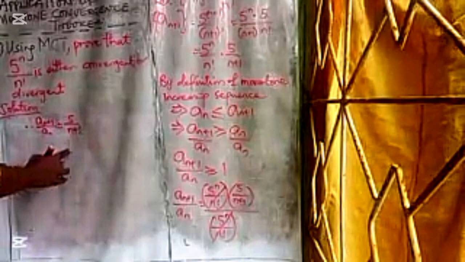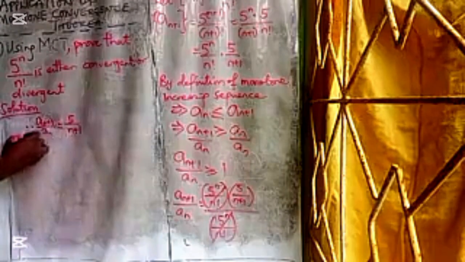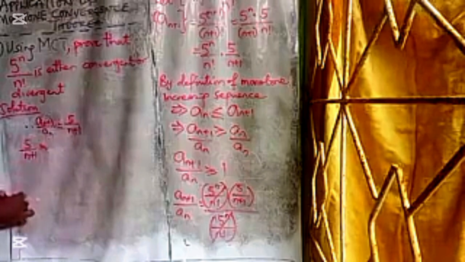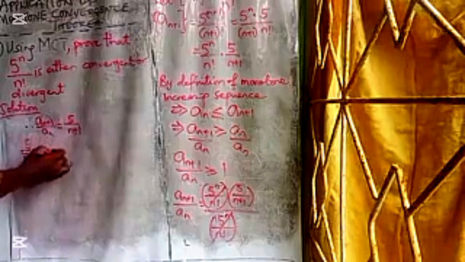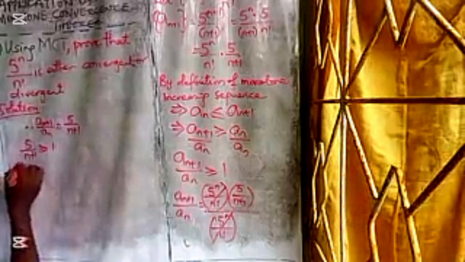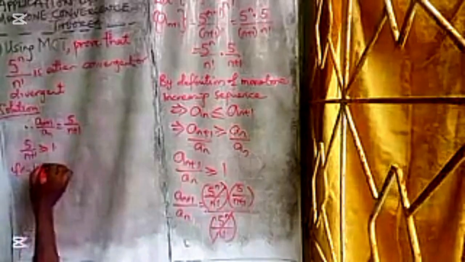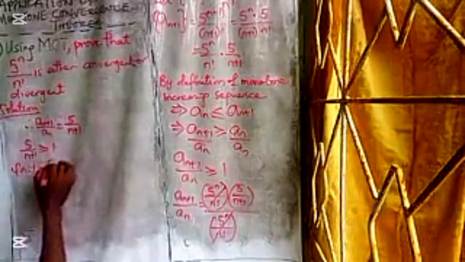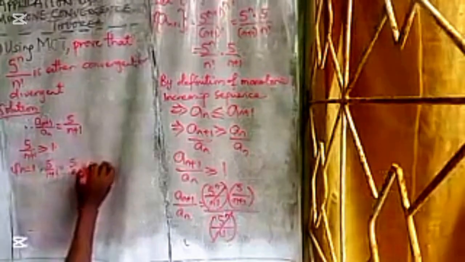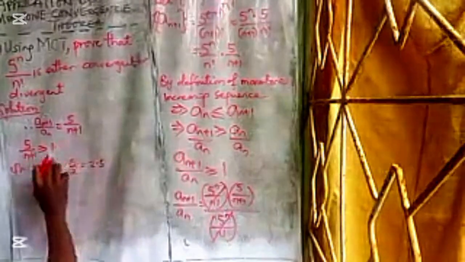We want to show that 5 over n plus 1 is greater than or equal to 1. If n is equal to 1, 5 over n plus 1 is equal to 5 over 2, and that's 2.5, greater than or equal to 1.